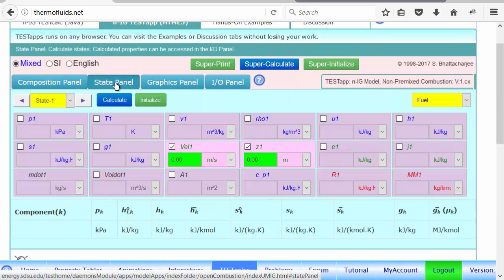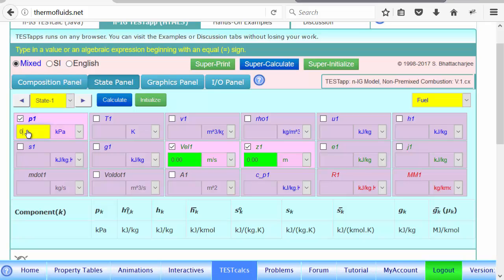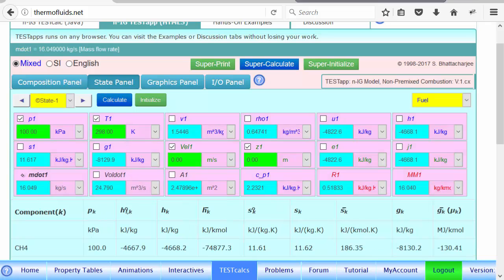Let's go to the state panel and evaluate the states. Fuel mixture enters. Notice that state 1 is automatically keyed to fuel. Temperature is 298, and the mass will be picked up from the reaction. That's why you cannot enter it yourself. We said 1 kilomole is flowing every second, so it's converted to mass.